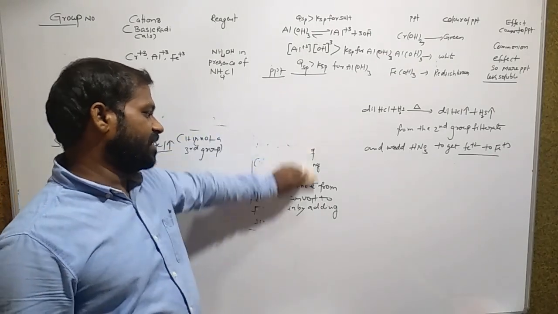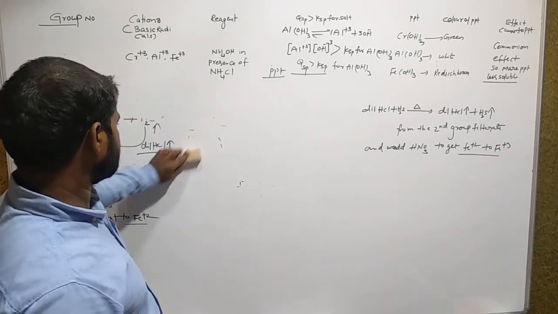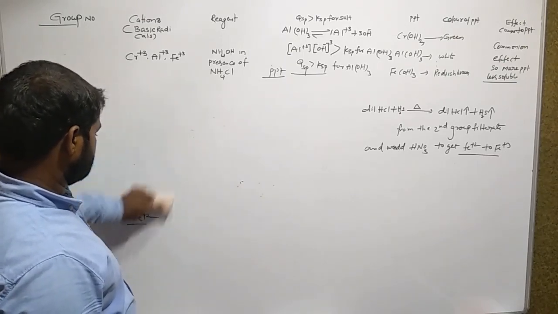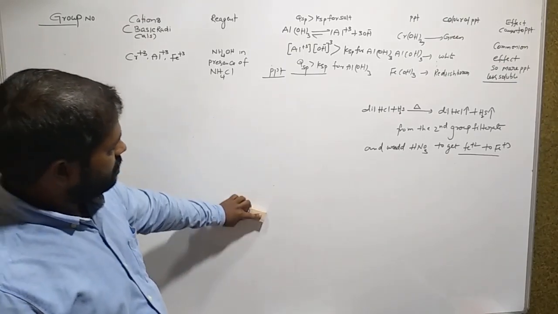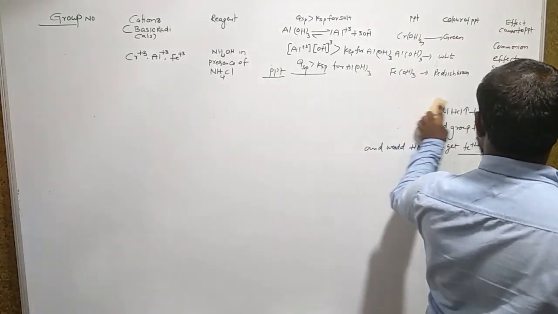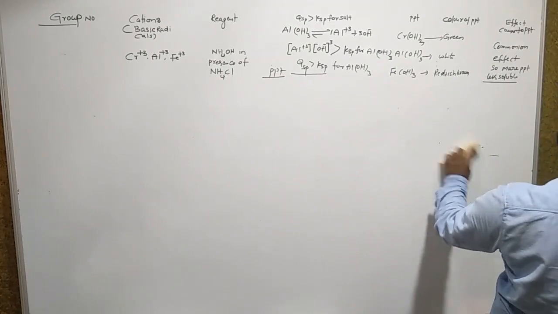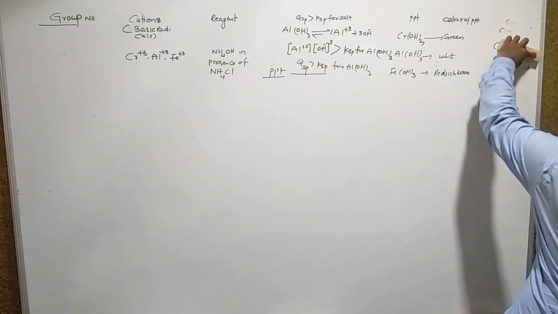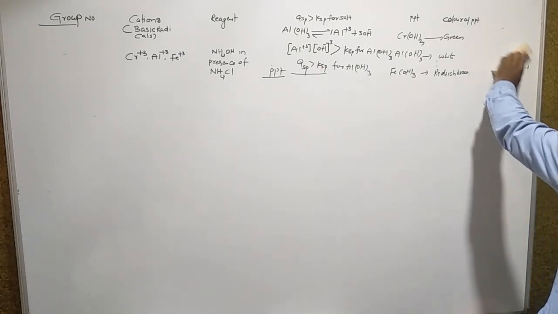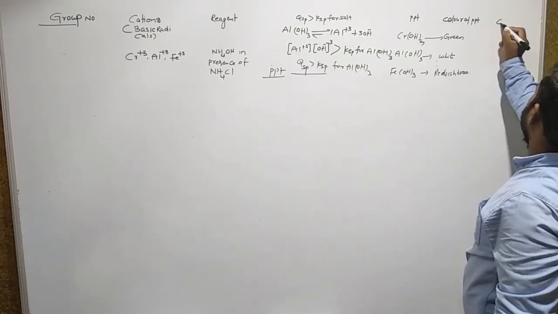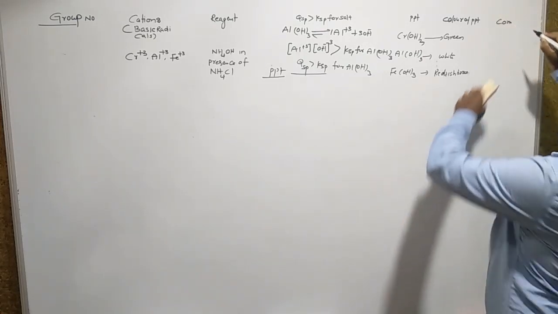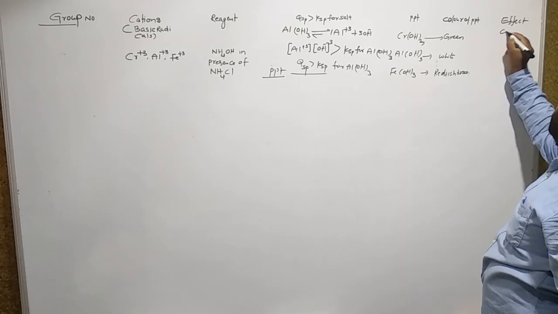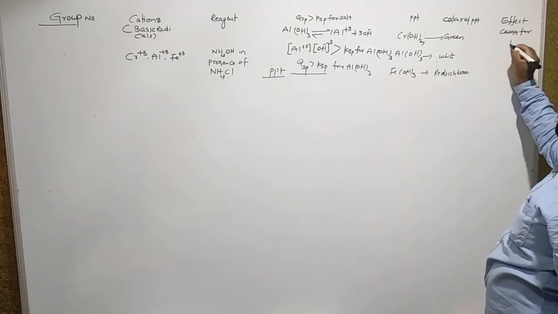That means it gives more precipitate, am I right? The common ion effect causes more precipitate.